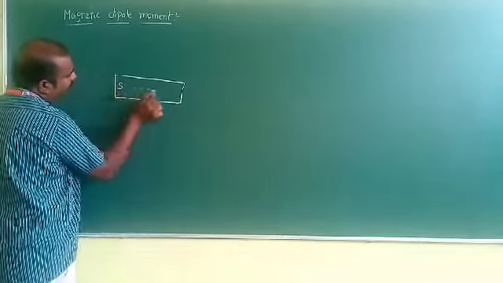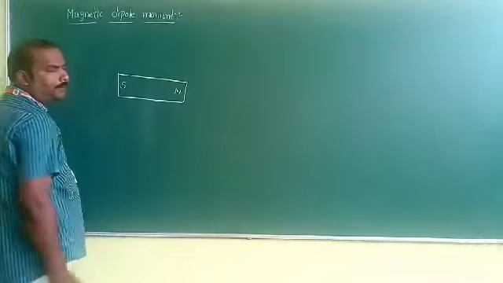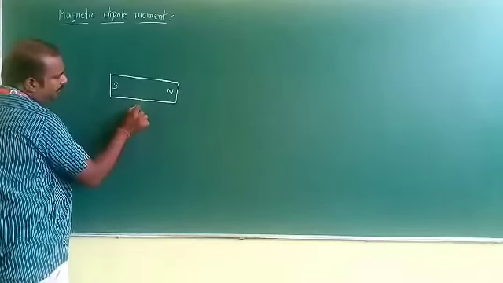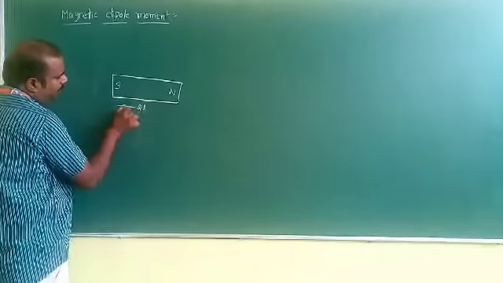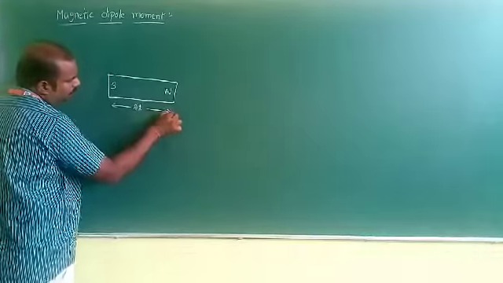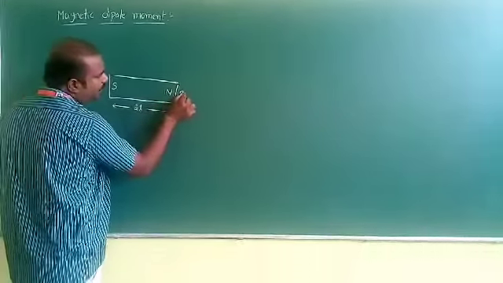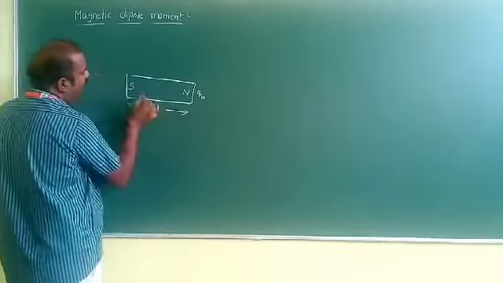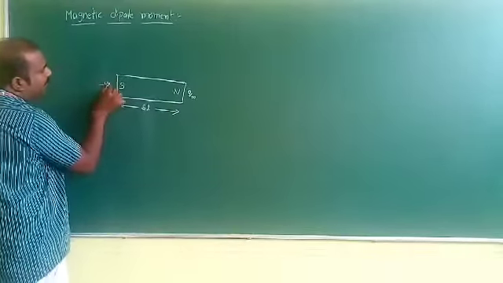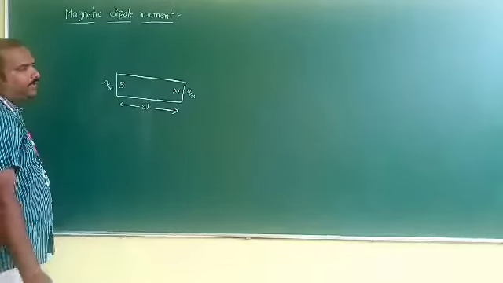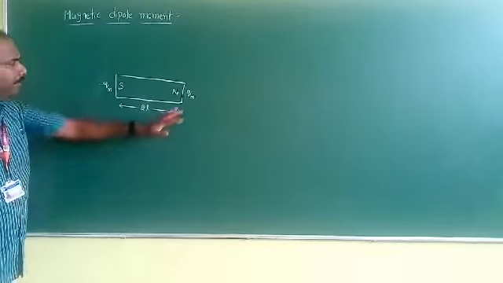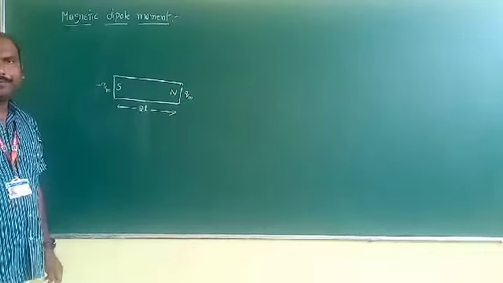This is the south pole, this is the north pole. The length of the bar magnet is 2L. Now, the north pole has positive pole strength Qm, and the south pole has negative pole strength, minus Qm.